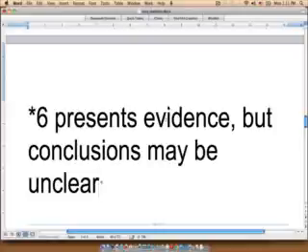So a student writing at a band 6, they may provide some sort of example, but the problem is that the examiner might not be completely clear on what the relevance is of the example. Okay? So the student might have shared an example, but it's not completely clear perhaps what that example shows. So what is the conclusion that can be drawn from this example?